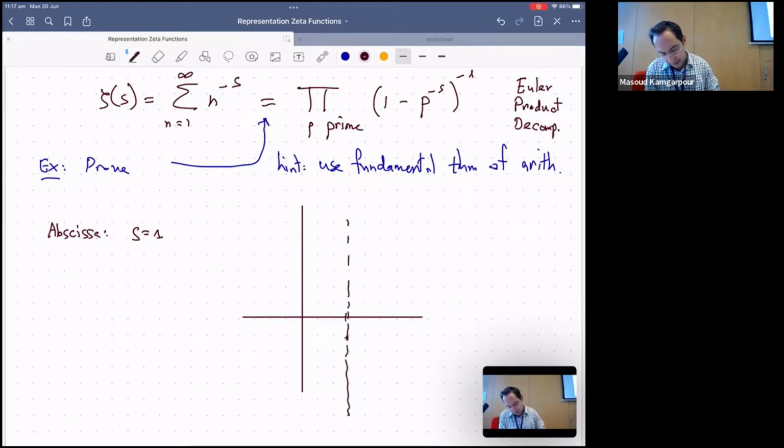So without any effort, there's an analytic function defined on this complex right half plane. But Riemann proved that it has a meromorphic continuation. In an 8-page paper, quite remarkable, he proved that it has a meromorphic continuation.